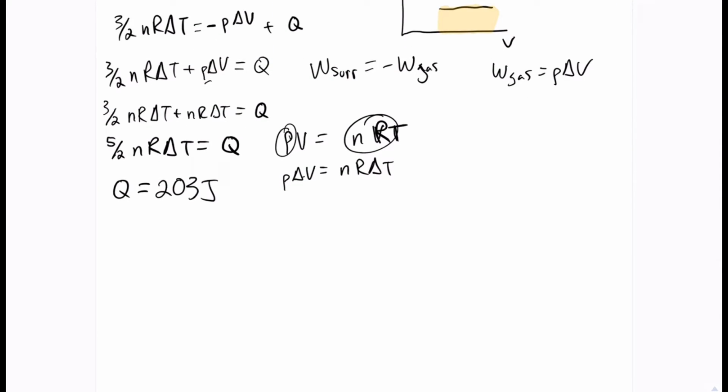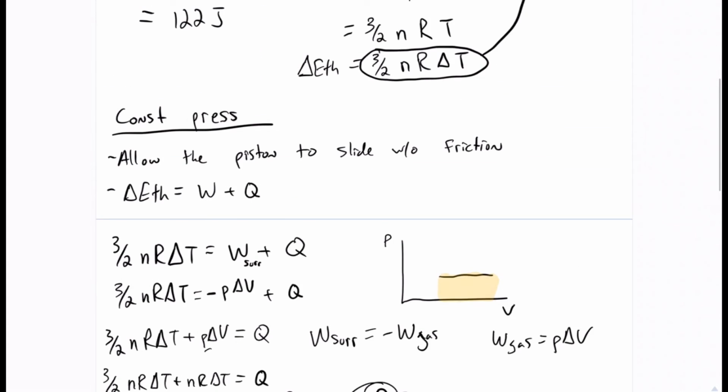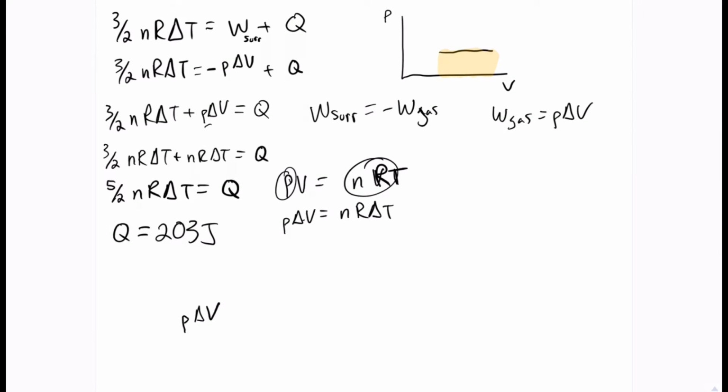And if you don't yet believe that work for the constant pressure process is equal to P delta V, we do have one more way that we can prove that. And that's just by looking at the cylinder and thinking about the piston and thinking about the force.